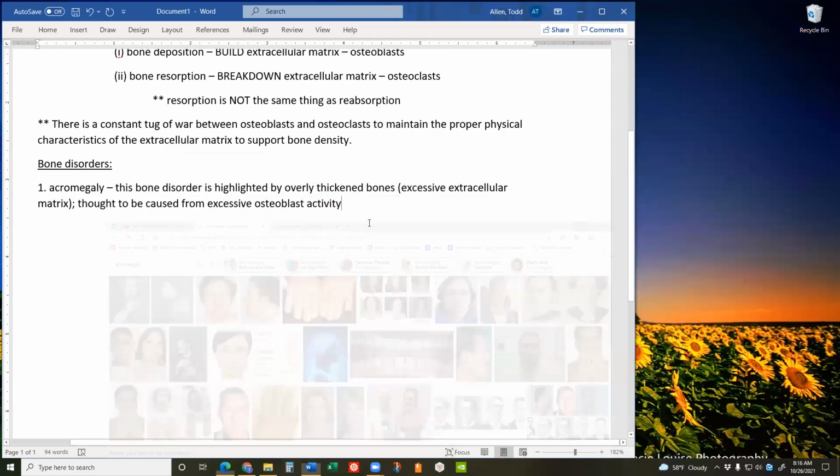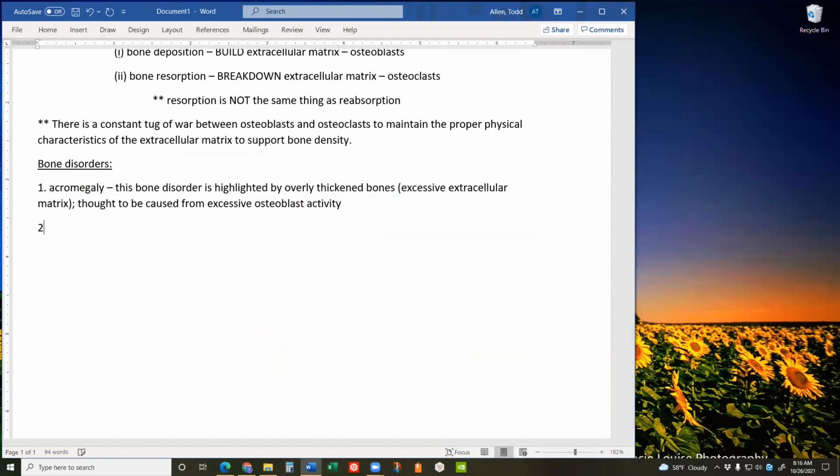At the same time, you are probably more aware of a bone disorder called osteoporosis.